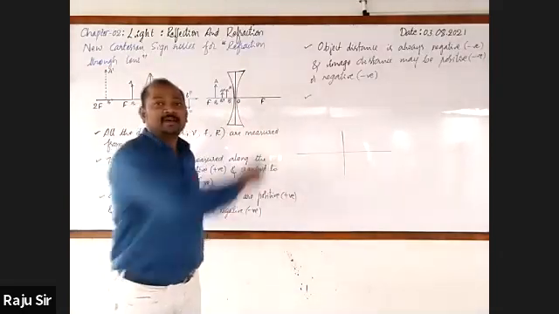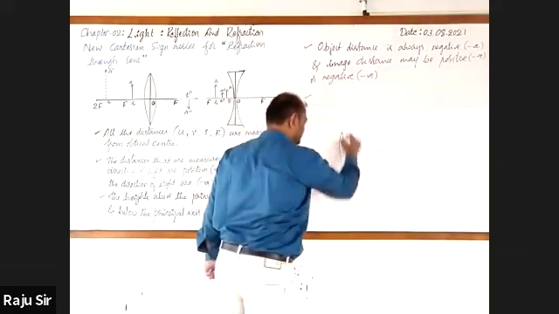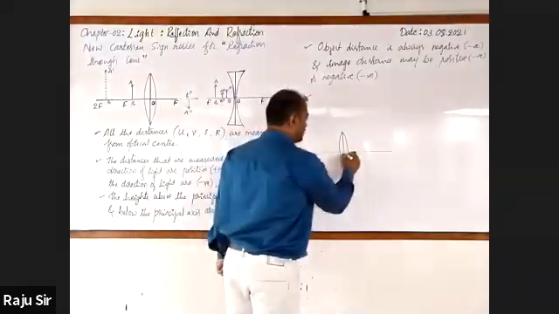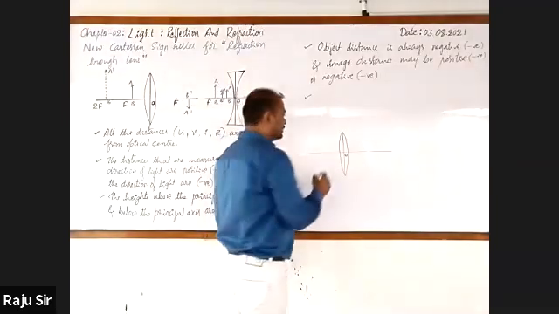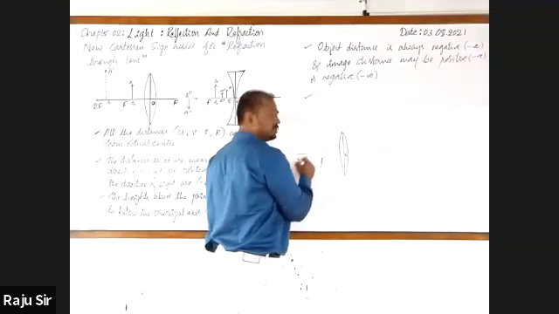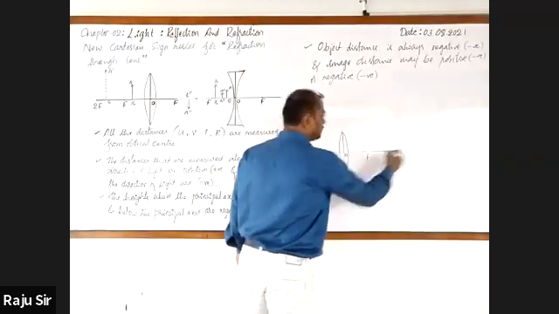Perpendicular line. Convex lens, optic center, principal focus, first principal focus, second principal focus.